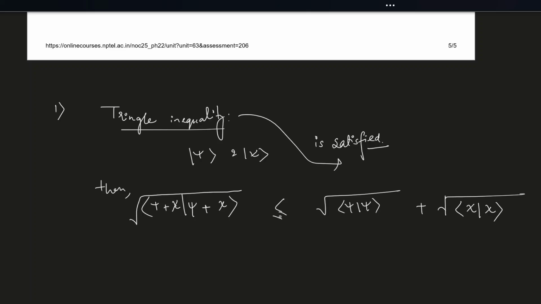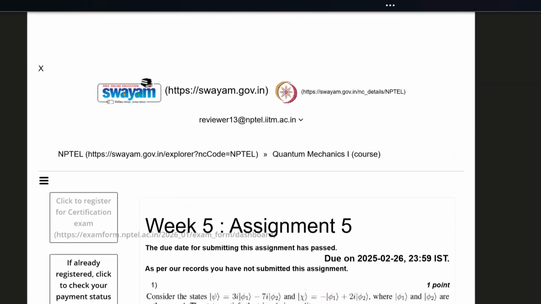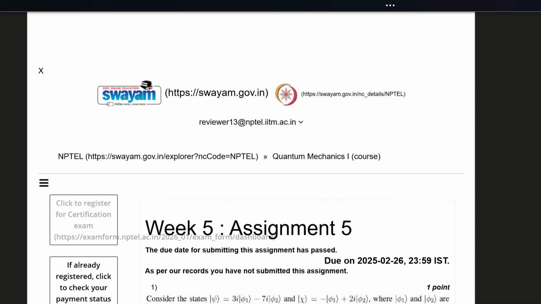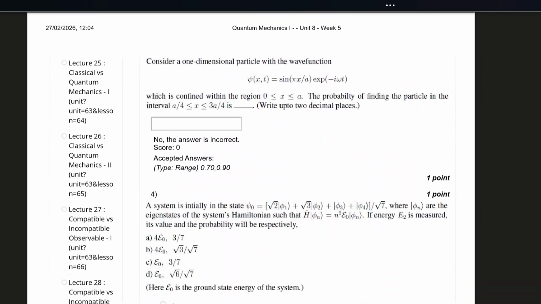Now they have provided us with the information of what psi is and what chi is. So let us write down first what psi plus chi is. Let us go back and see. It is 3i phi 1 minus 7i phi 2 and minus phi 1 plus 2i phi 2.